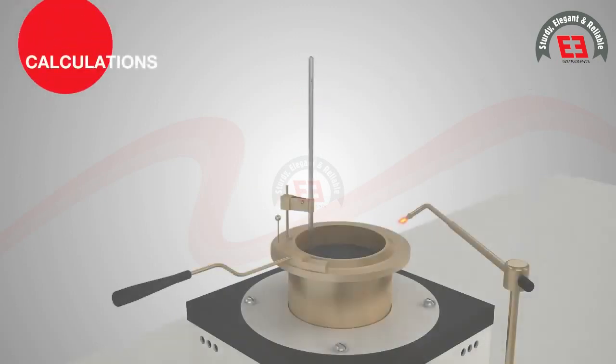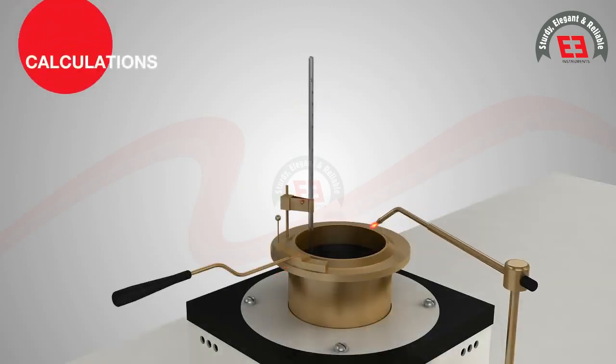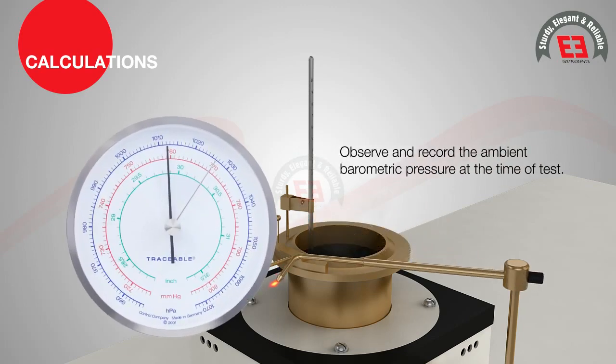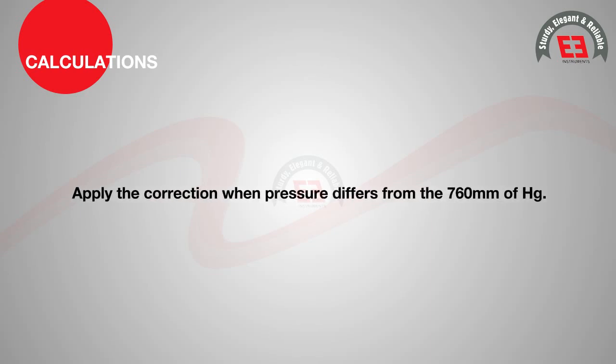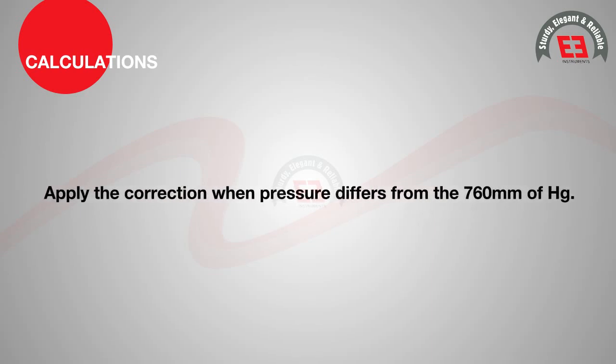Calculations. Observe and record the ambient barometric pressure at the time of test. Apply the correction when pressure differs from the 760 mm of Hg. Apply the correction as shown.